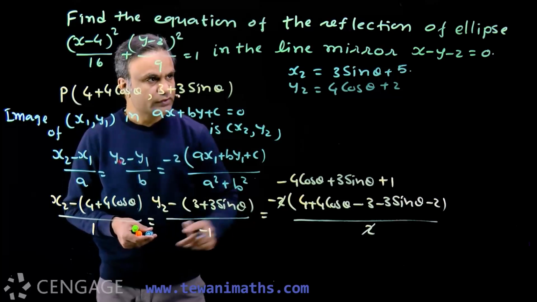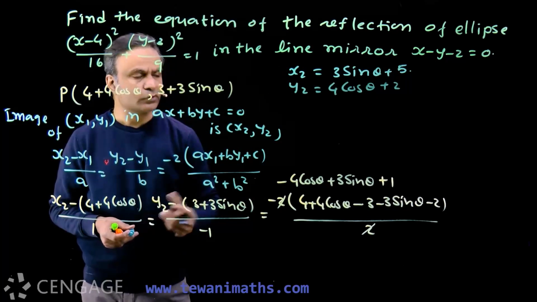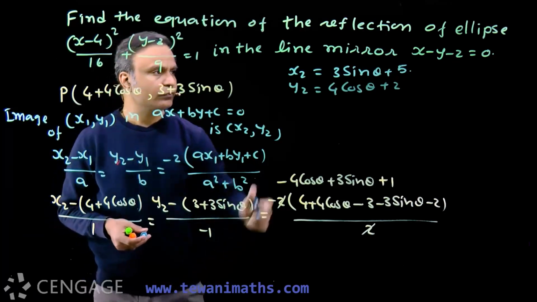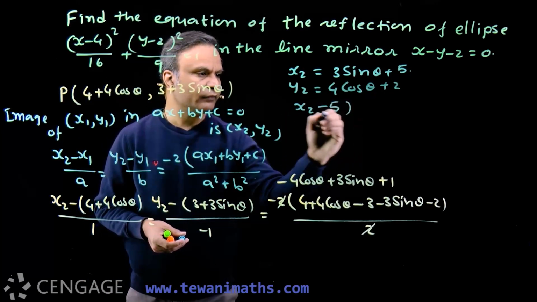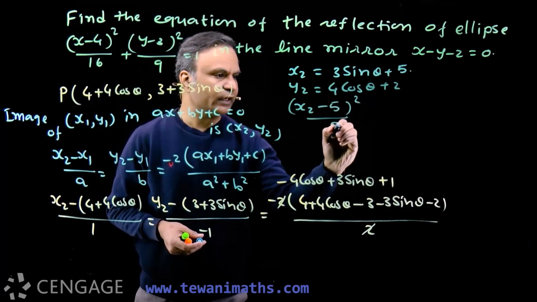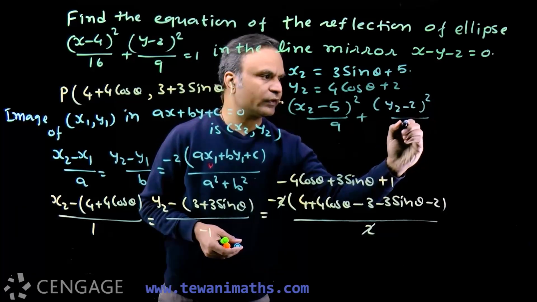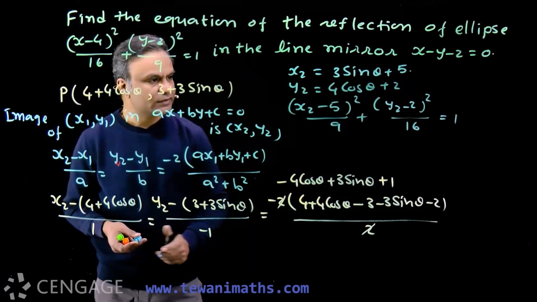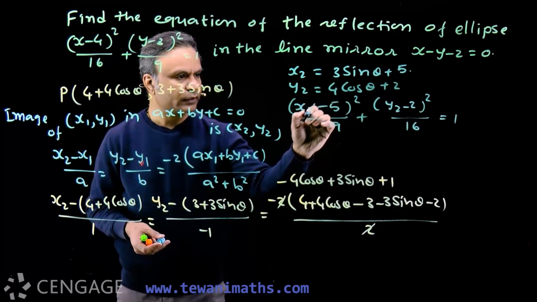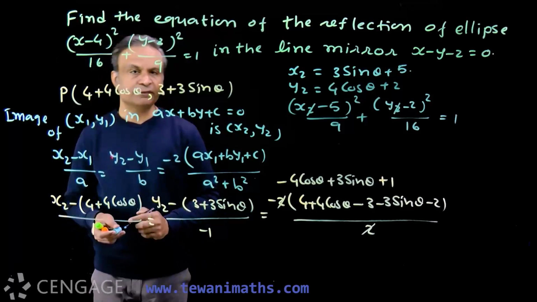Now to get the locus of variable point x2 comma y2, we eliminate theta. We use cos square theta plus sin square theta is equal to 1. So we get equation x2 minus 5 whole square upon 9 plus y2 minus 2 whole square upon 16 is equal to 1. And finally we replace x2 by x and y2 by y. So this is equation of reflected curve.